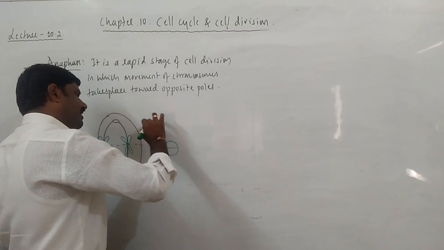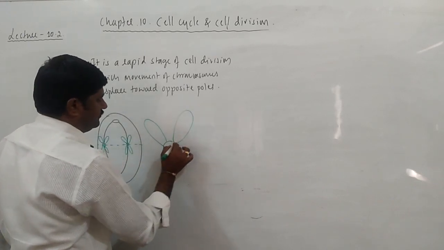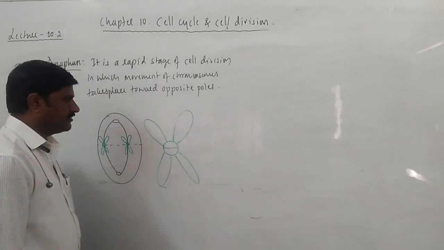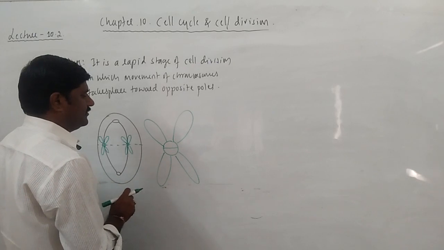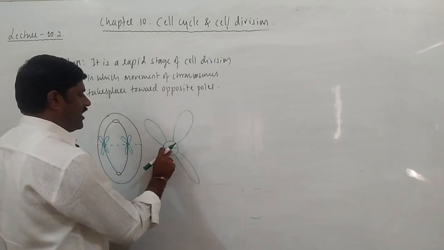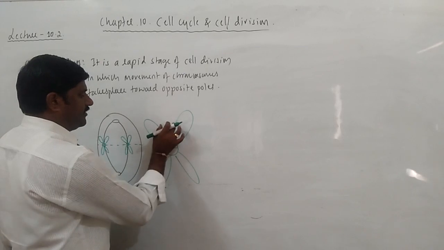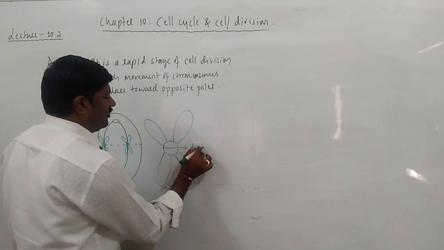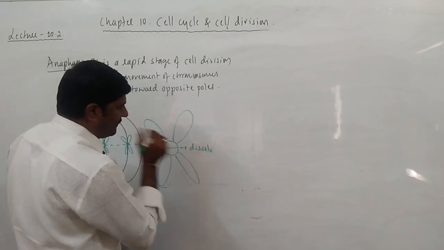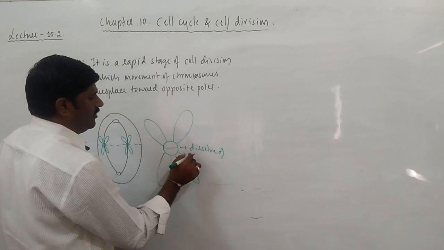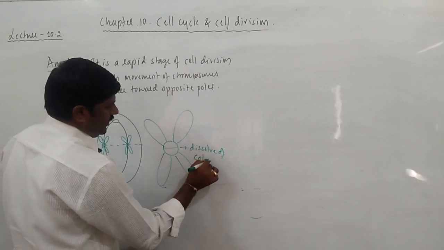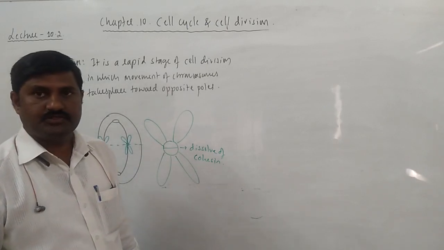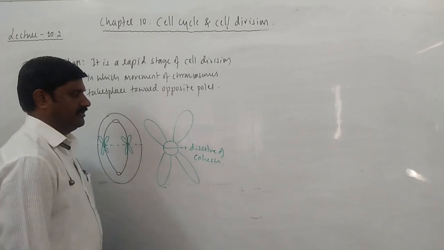See here, this is one chromatid, this is another chromatid. The separation of this part of the chromosome and this part of the chromosome takes place due to dissolution of the cohesin protein, which attaches these two chromatids at the centromere.